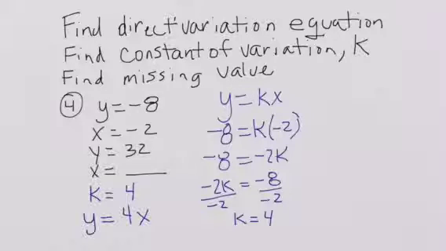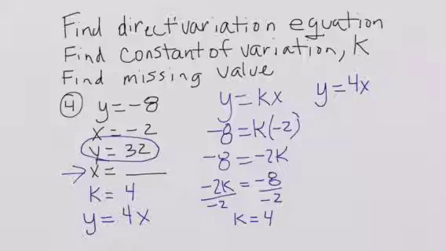Now we have to find our missing x term. So we're going to take our direct variation equation, y is equal to 4x, and we're going to plug in what we know. What we know is, in this pair, y is 32. So we're going to put 32 in, is equal to 4x.